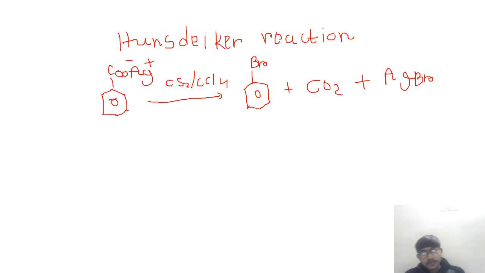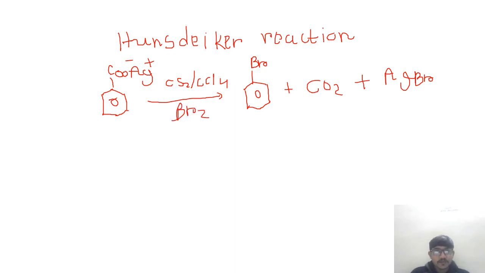So you have to remember, in case of Hunsdiecker reaction, it involves the conversion of the salt of the carboxylic acid, whether it may be aromatic or aliphatic, mostly aromatic, into the halide form, or you can say a halide substituent, which is bromine. In this case it's bromobenzene. And here, it's also in the presence of bromine.